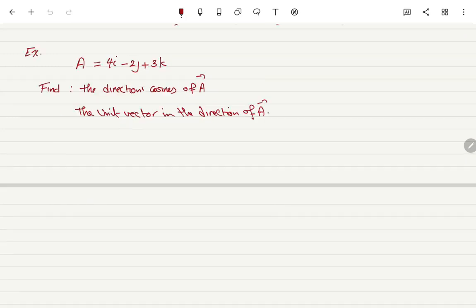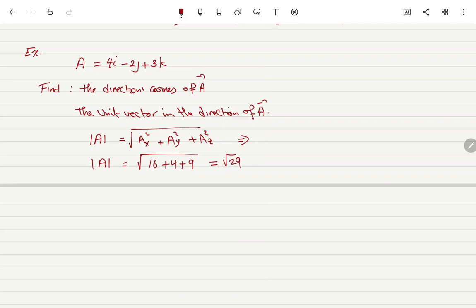To solve this one, let's find the magnitude of vector a, which equals the square root of ax squared plus ay squared plus az squared, and in this case the magnitude of a equals the square root of 16 plus 4 plus 9, or square root of 29.